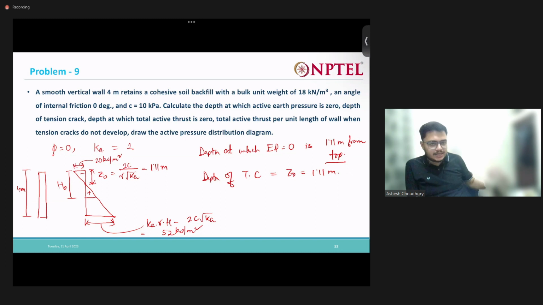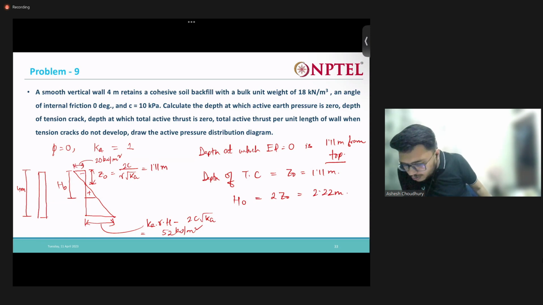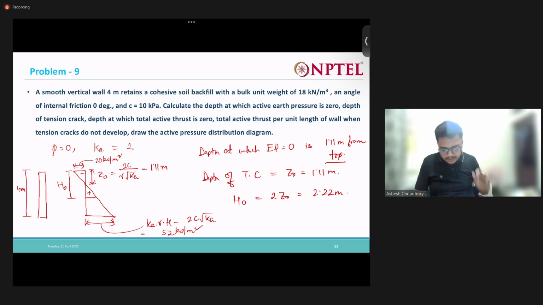So up to this H naught depth, the total active thrust is 0 when the tension cracks do not develop, right? Because negative and positive are cancelling each other. So what will be H naught? 2 into Z naught, 2.22 meter. Now the next one is the active pressure diagram. So we already made the active earth pressure diagram.